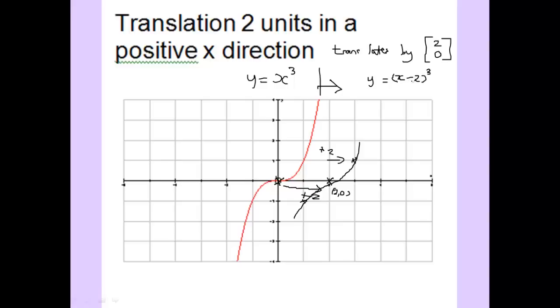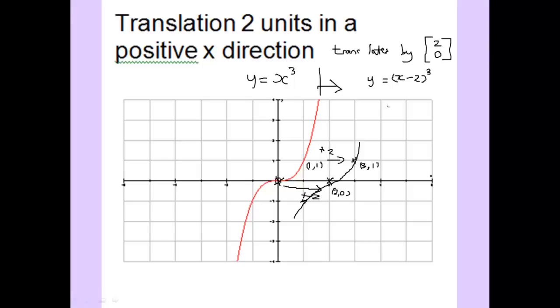Why the minus sign? Well, the sign does change when we translate in the X direction, but if you consider any of these points, like here for example, we have the point 3, 1, and that changes from the point 1, 1.